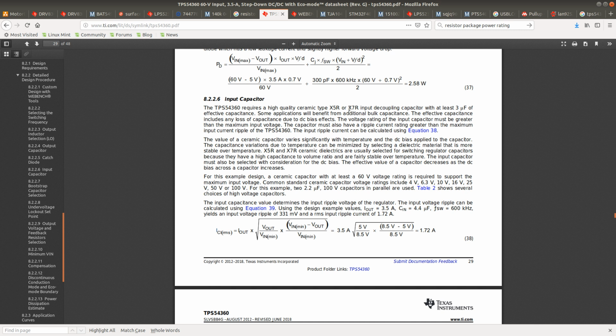So this capacitor, I'll keep it there, but I have to add another capacitor here, which, as they say, is X5R or X7R, and I'm probably going to go with X7R because they're pretty much the same price as X5R. And let's see, capacitance variations.